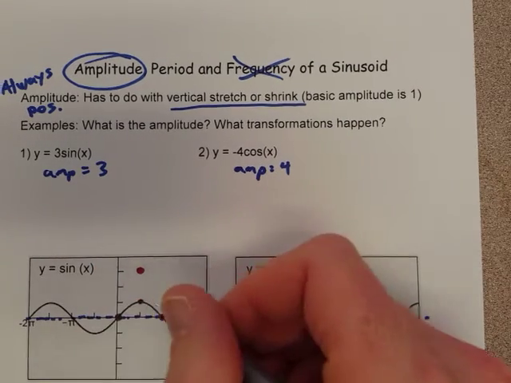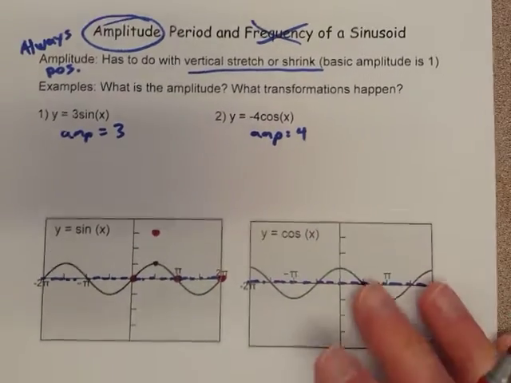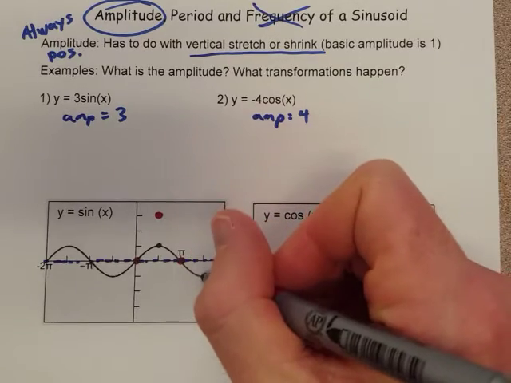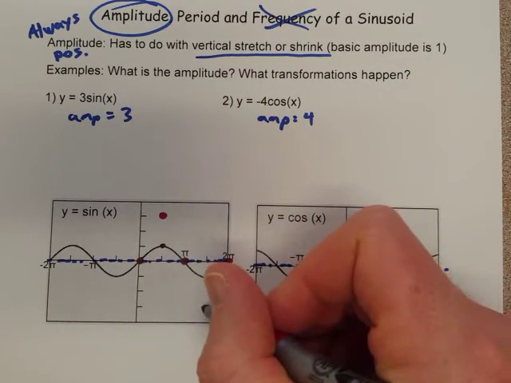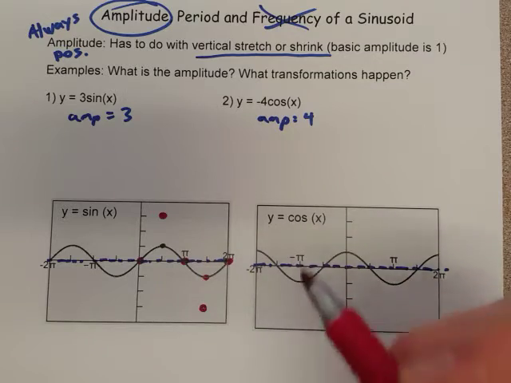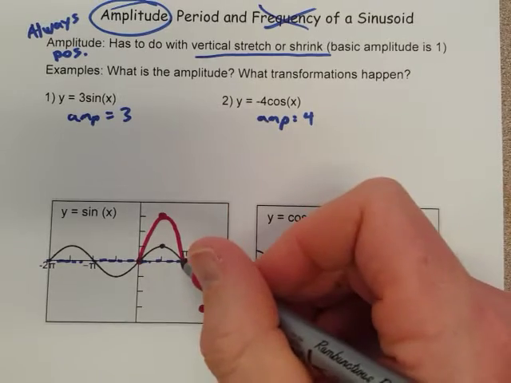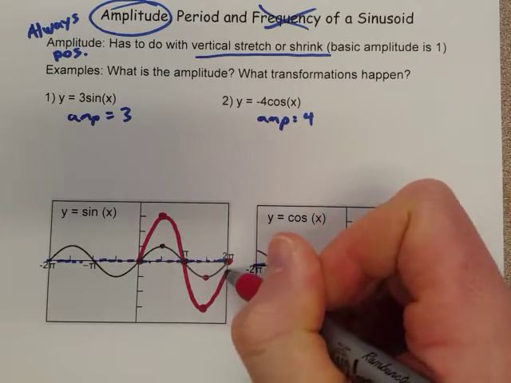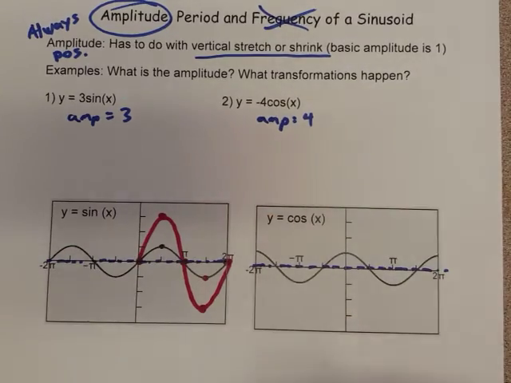So everything that's a 0 on the graph will stay as a 0 on the graph. But if I take now this minimum, this is -1, I multiply that by 3, I get that point way down here. And so now if I sketch this graph, it's still a sine graph, but it is stretched out vertically on that one. All right, so that's with the first one.